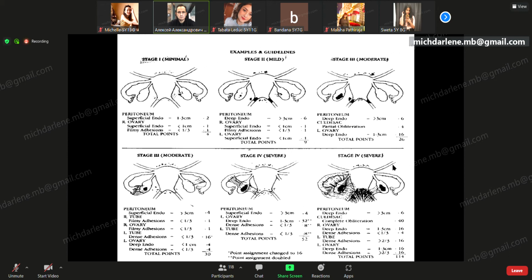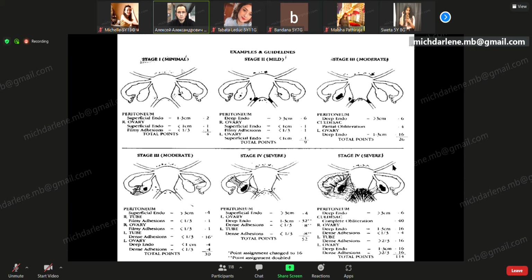One more time, to be clear, guys, we can't find the stage of endometriosis until we have the laparoscopic picture. Only with the help of laparoscopy can we find the final, correct diagnosis.